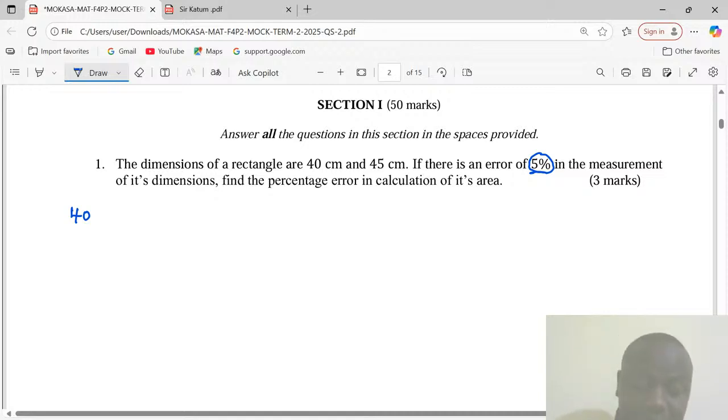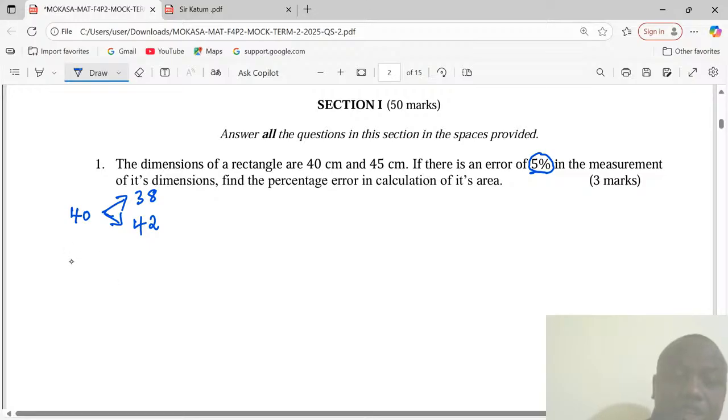Therefore, we can take 95% multiplied by 40. This gives 38. So the lower limit is 38 centimeters. Then the upper limit is going to be 40 by 105%, which is 42 centimeters.